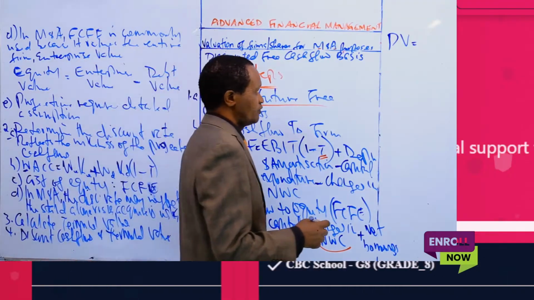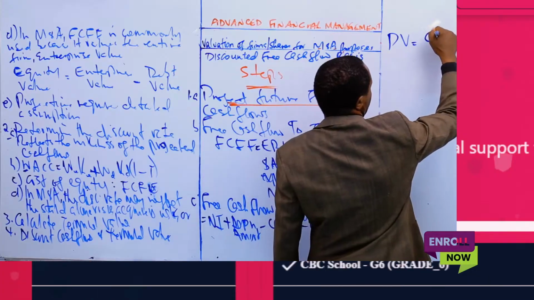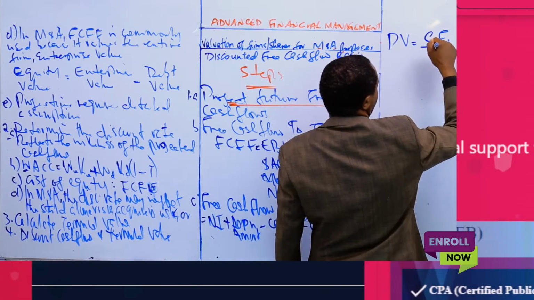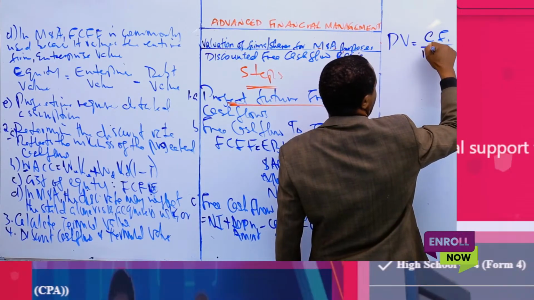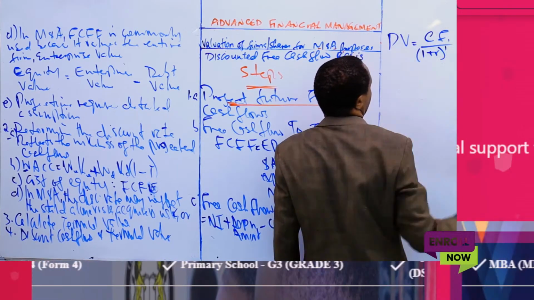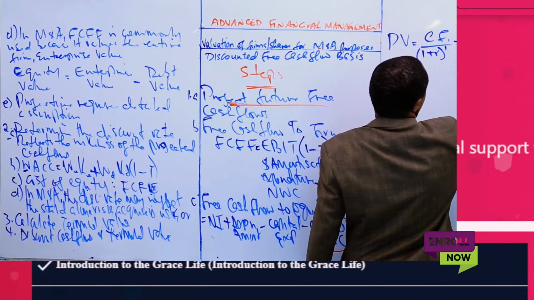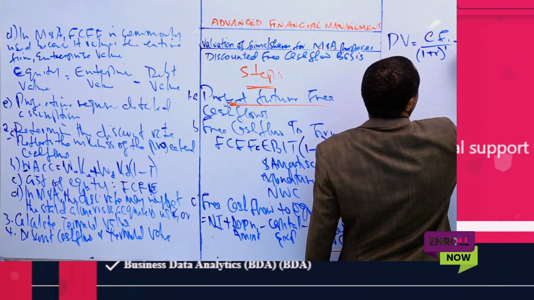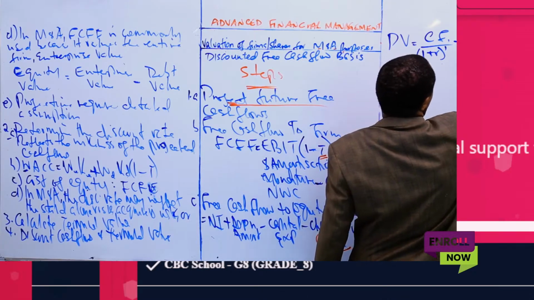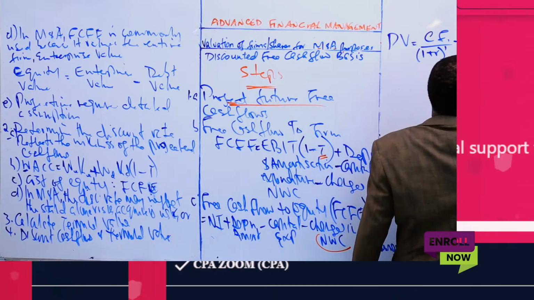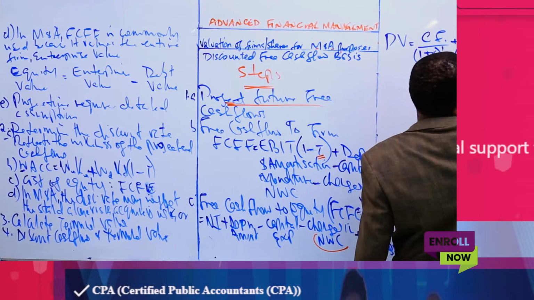All the cash flows. We begin with the cash flows for year 1. We discount by dividing it by 1 plus R raised to 1. Then cash flows year 2, we divide by 1 plus R raised to 2, plus cash flows year 3, year 4, depending on the number of years.